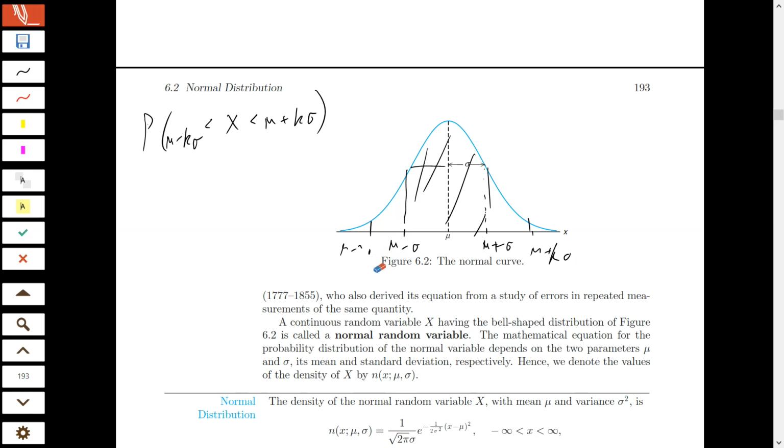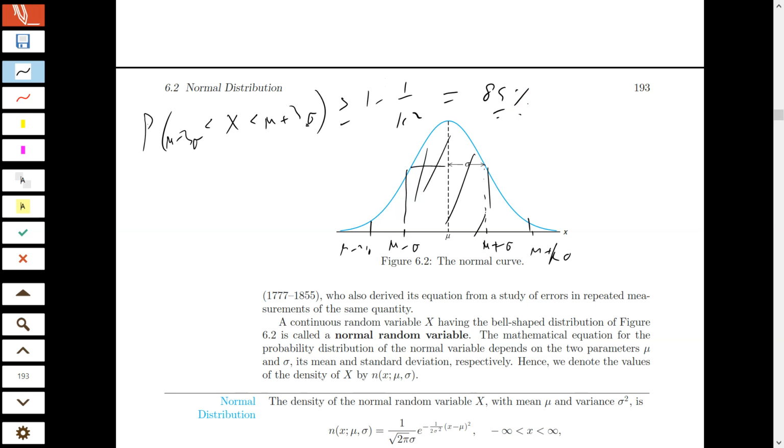This turned out to be greater than or equal to 1 minus 1 over k squared. We saw that if k is 3, for example, this value was nearly equal to 89%. I remember it was something like that.